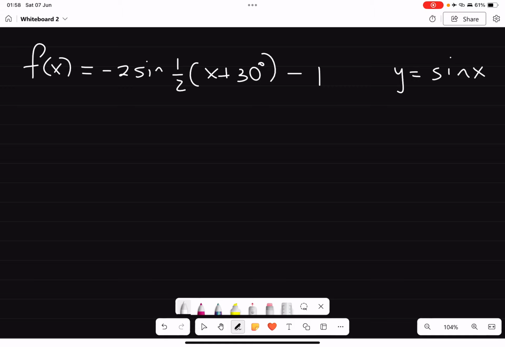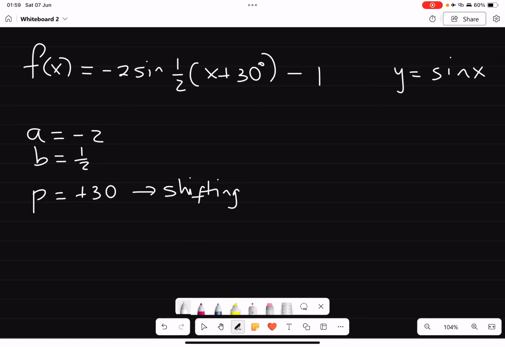The first thing I'm going to do is to list all my parameters. I can see that my A is minus 2, my B is half, my P is plus 30, which means I am shifting 30 degrees left.